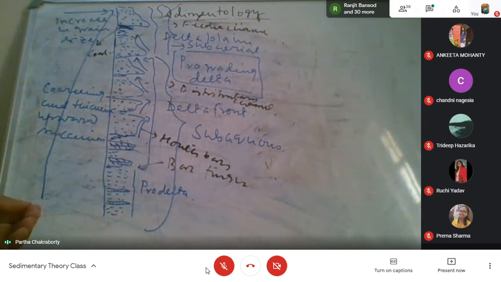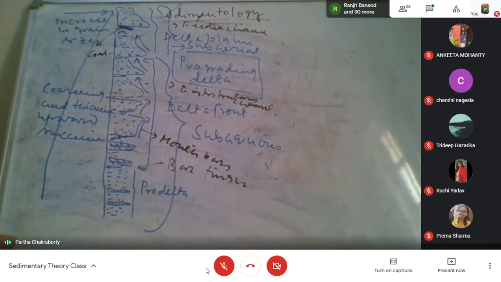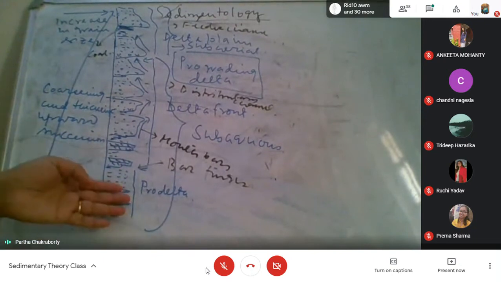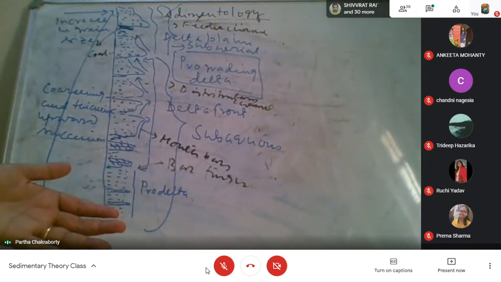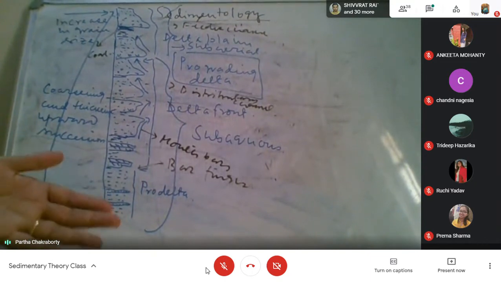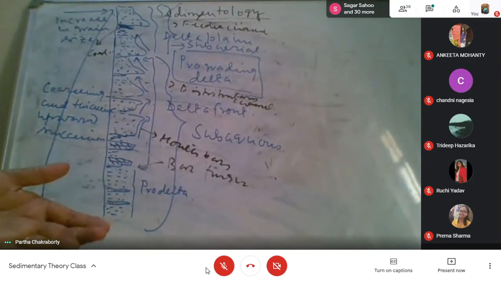In some cases, in the passive margin where there are subsurface evaporites, you can have the presence of salt domes in some of the delta bodies. Salt domes occur when you have evaporites in the passive margin setting.